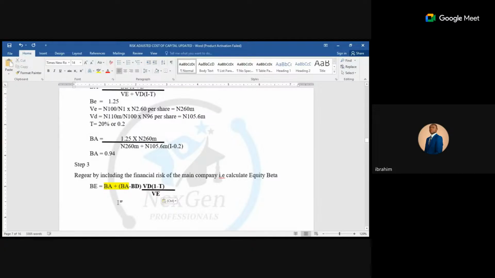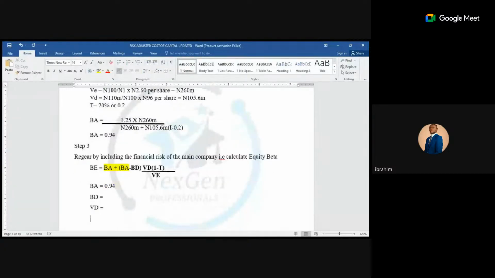Now, if you want to regear, you should not forget that our asset beta is equal to 0.94. What is the beta debt of the main company? Is it given? What is the value of debt of the main company? Is it given? What is the value of equity of the main company?